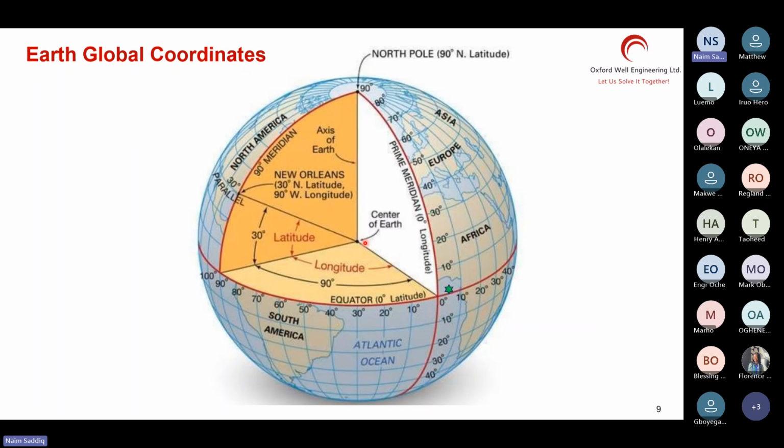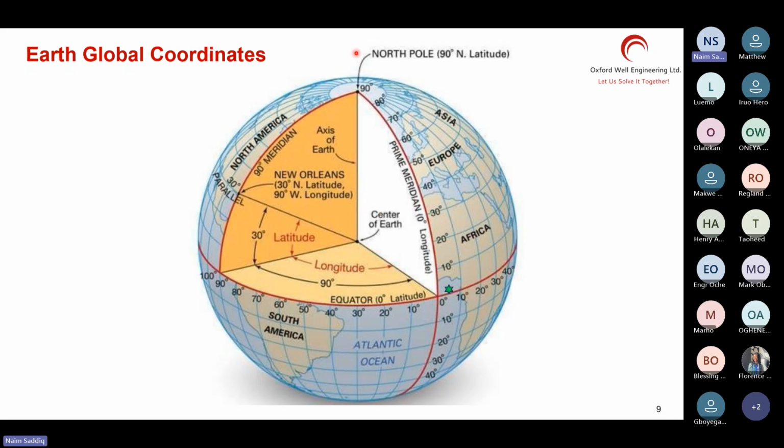And longitude is measured from the horizontal plane, from the meridian in the UK to the New Orleans meridian, which will be this one. So you're measuring the angle between them and which way it is from there. It is to the west of it. Okay. It is the west direction.